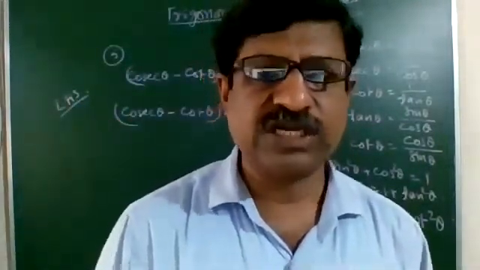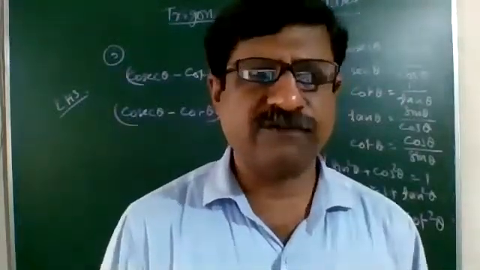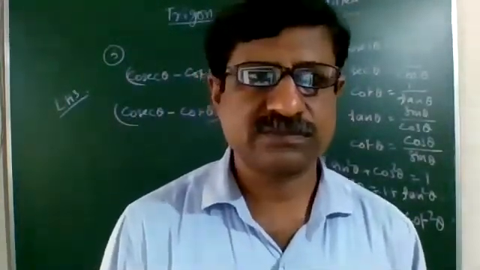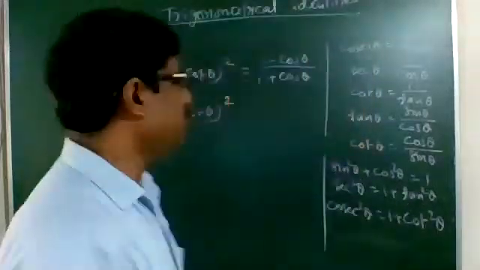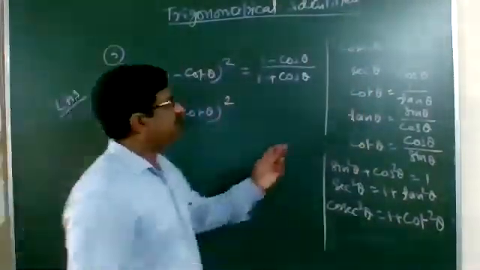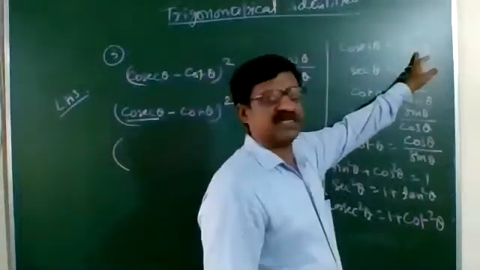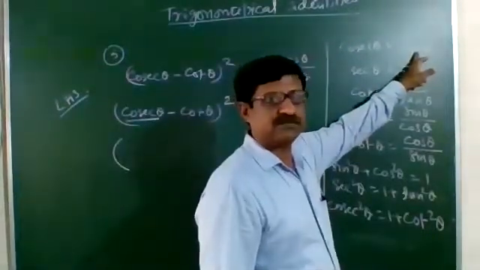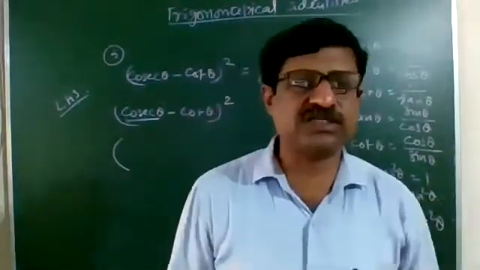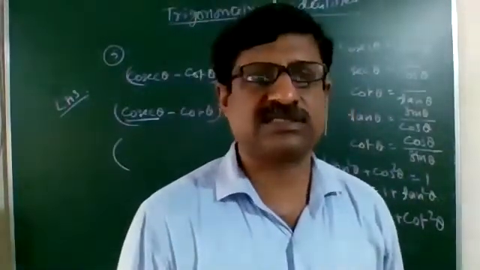We try to change each of the values of the left hand side in terms of sin and cos. After that, we will use some identities. You will see here cosec theta. We have learned the formula for cosec theta in terms of sin theta as 1 by sin theta. We are trying to convert each of the values in terms of sin and cos.